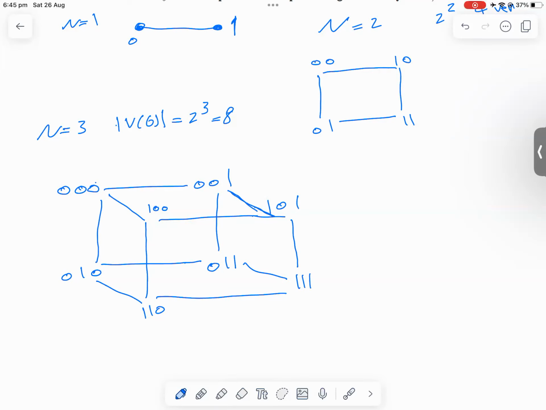So this is a cube, for n equal 3, and this is actually Q sub 3.